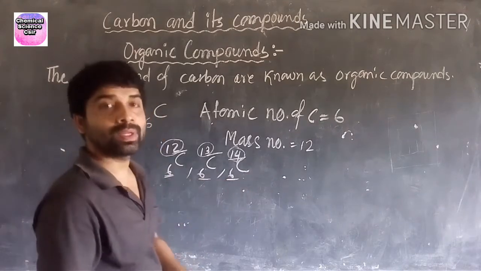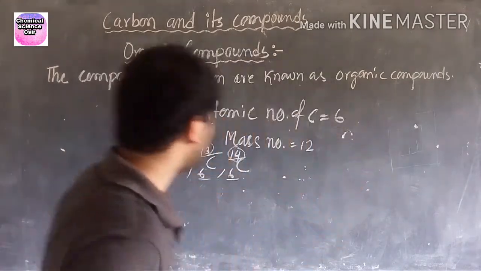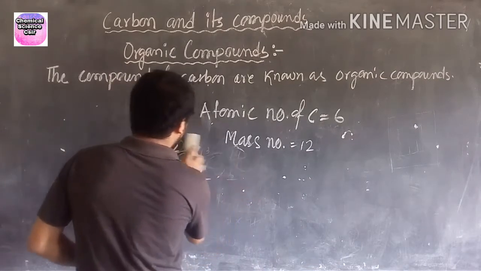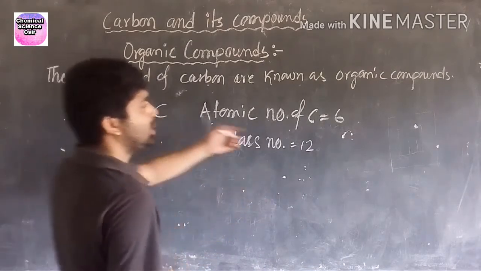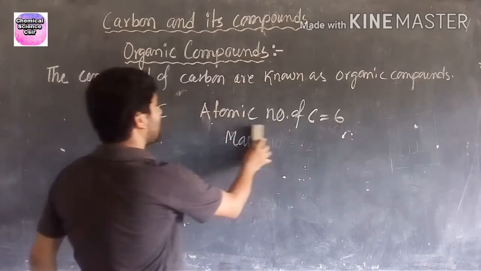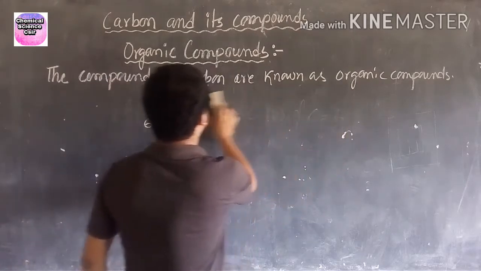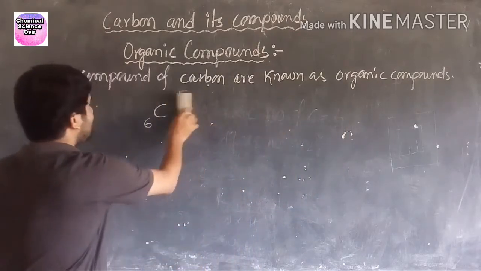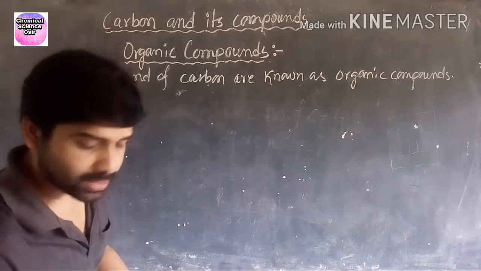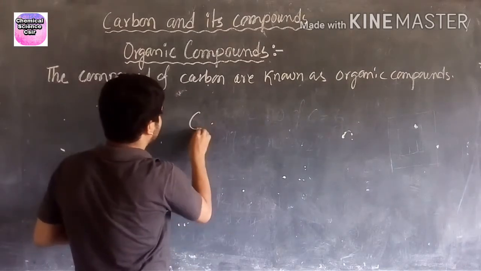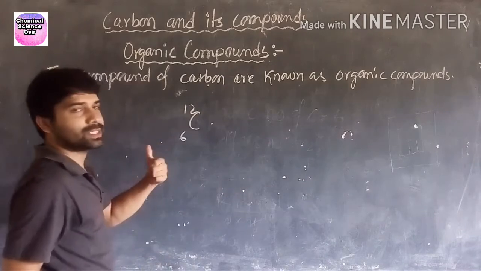So the atomic number of carbon is 6 and the mass number of carbon is 12. Now I'll discuss only the mass number 12 carbon, carbon 6-12.